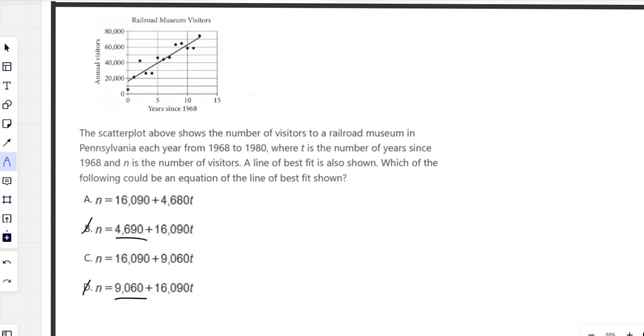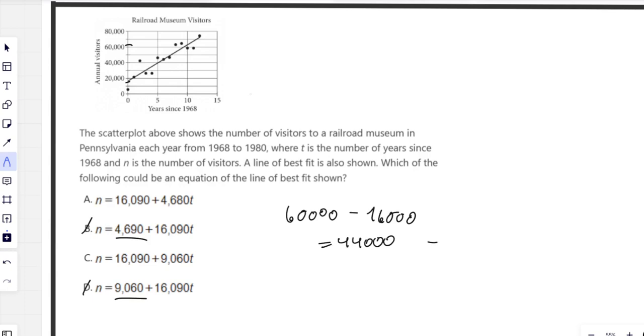So I can estimate using this point right here, after 10 years, it's at about 62,000. And at 0 years, it's about 16,000. So if we take 60,000 minus 16,000, we get about 44,000 difference.